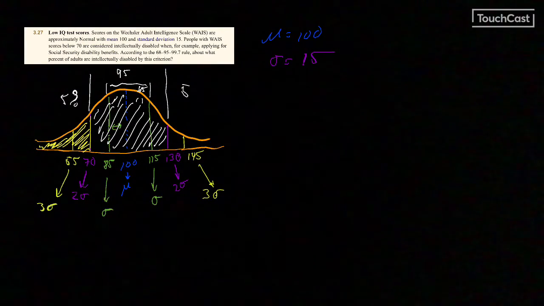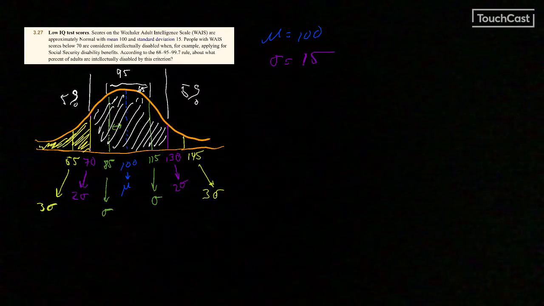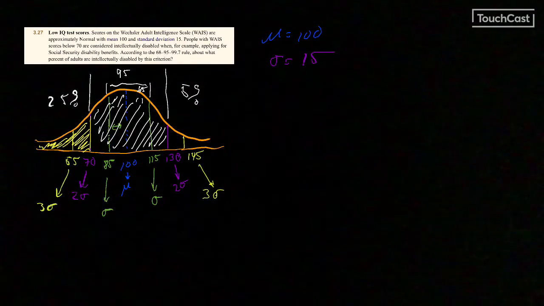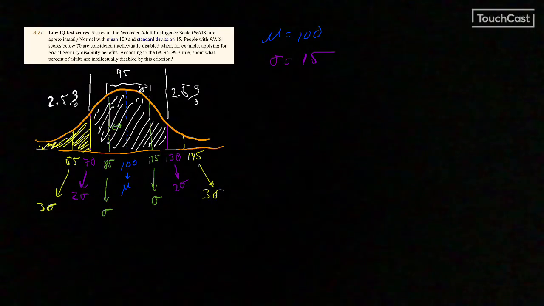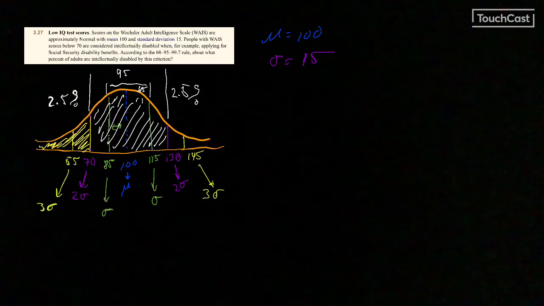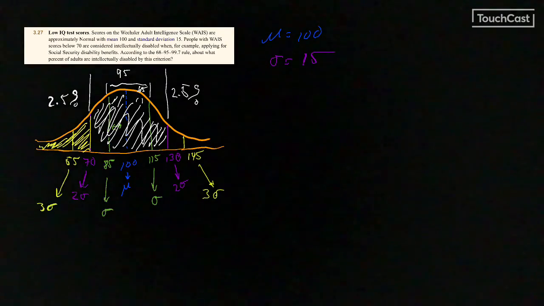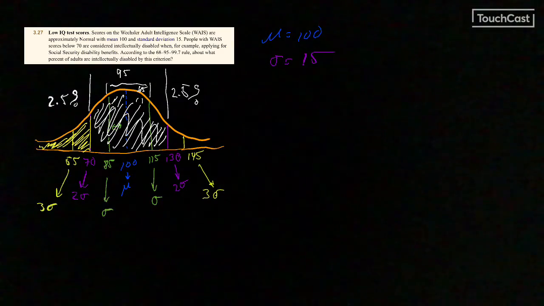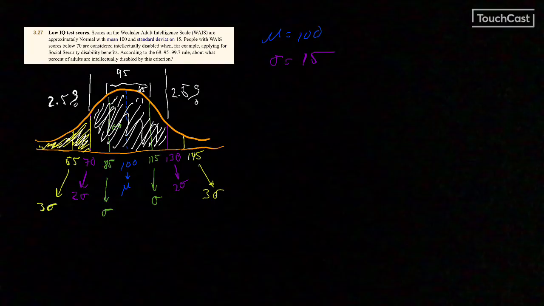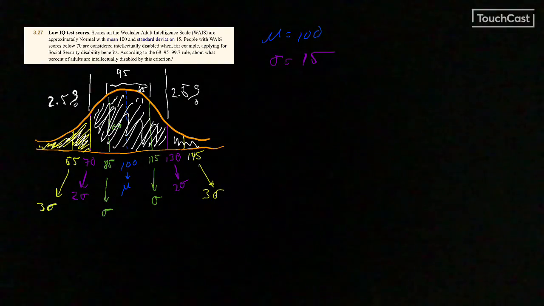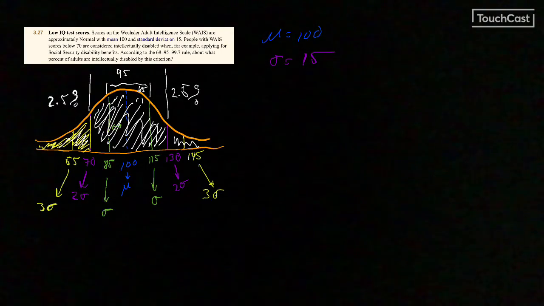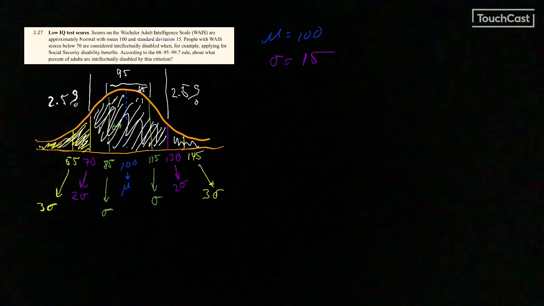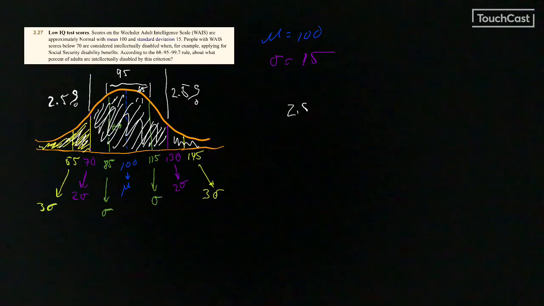This is 5% here, which is 2.5% on this side, because the total has to be 5, because the center here is 95. So half of 5 is 2.5, so that's this half of the curve here, and then the other 2.5% covers this half over on this side. So I have 2.5%, so that is the percent that's considered intellectually disabled. So the answer here is 2.5%.